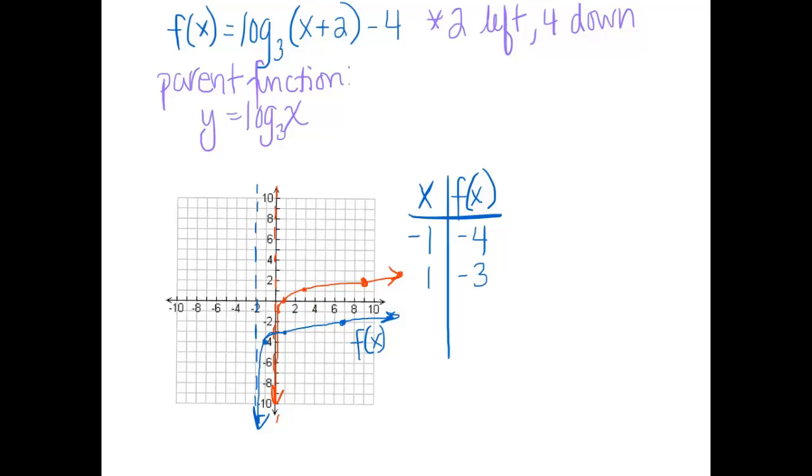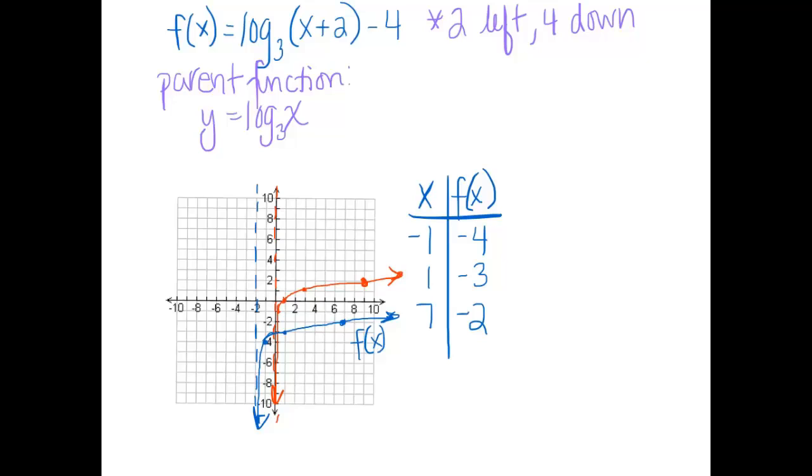Let's see, to get a 9, I can plug in a 7, and I get log base 3 of 9 minus 4, is 2 minus 4 is negative 2. So I'm generating those 3 points that I plot when I shifted, I'm generating those with the table right away just by plugging in smart x values. So either way works here.